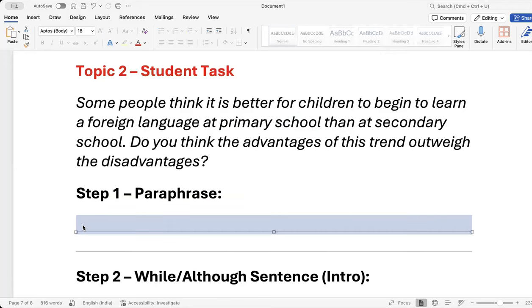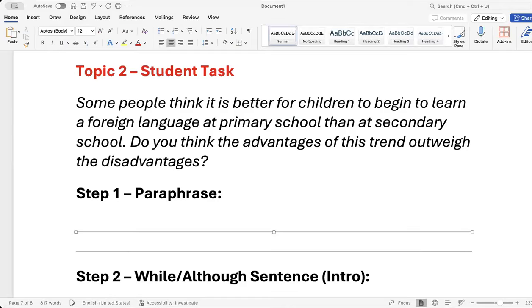Can someone paraphrase for me? So write. In some countries you can write. So can I try? Yeah, try.